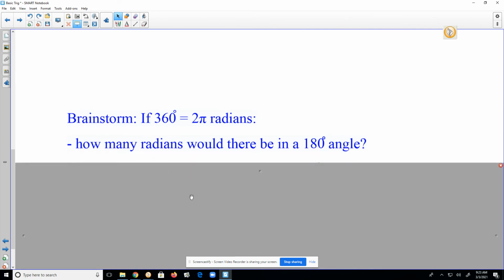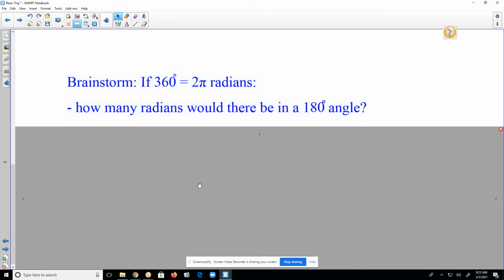We kind of talked about this already. So if 360 degrees, a full circle, takes exactly 2 pi worth of radii to wrap around that circle, then 360 degrees is equivalent to 2 pi radians, so the angle measure for a full circle is 2 pi.